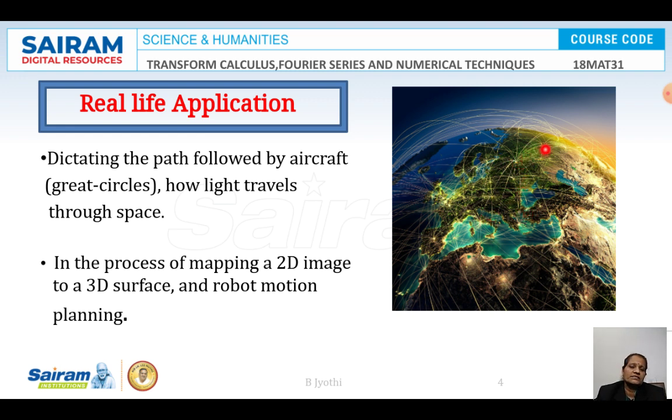Even though it looks like it is traveling in a straight line, we can look into the path of how the light is traveling here. It is also used in mapping a 2D image to a 3D surface and in robot motion planning.